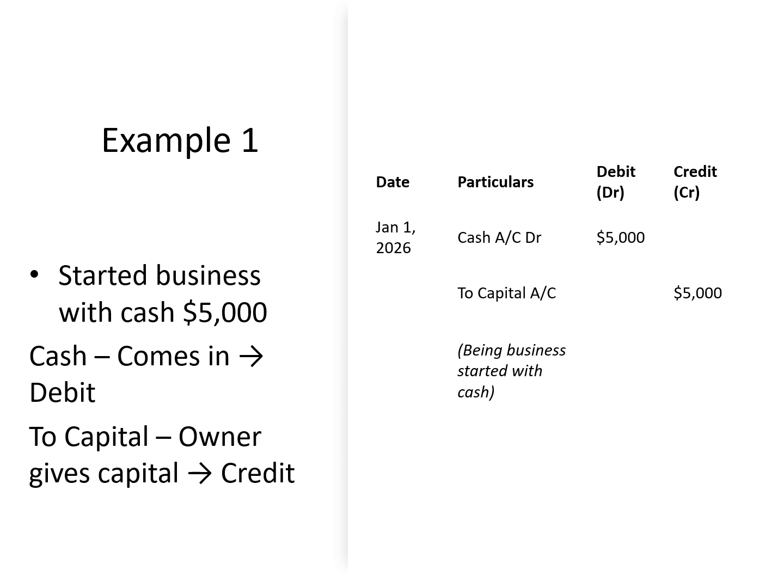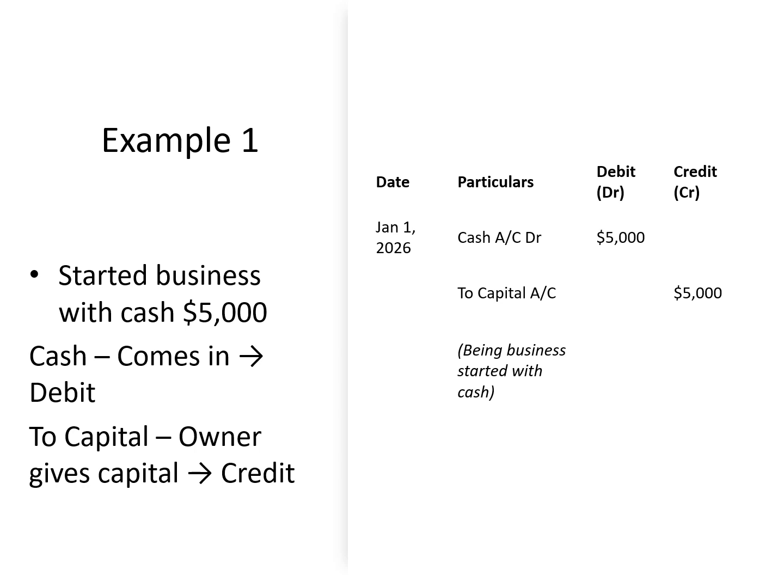Cash is money coming in, and with real accounts, money coming in is debit. So we debit cash. Capital is the owner giving capital.